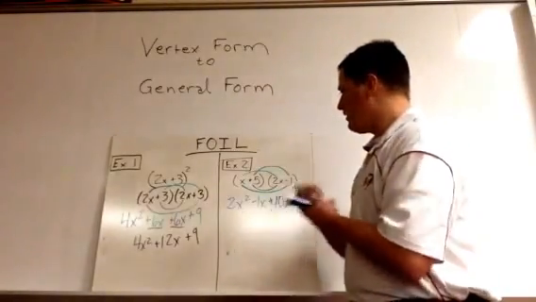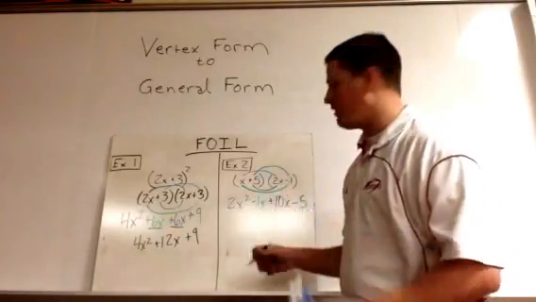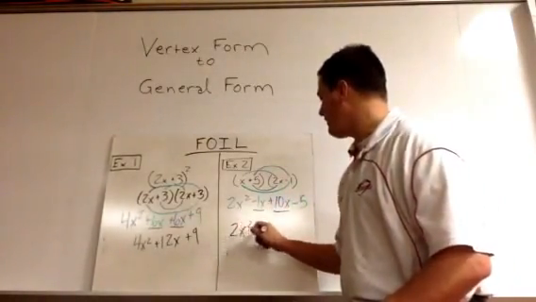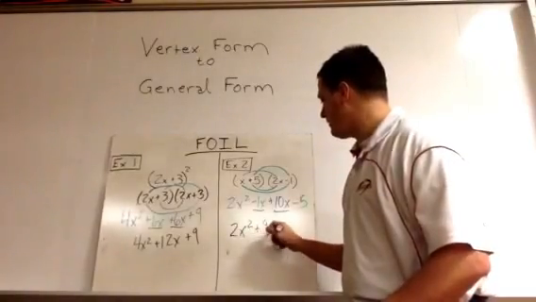Again, rewrite while combining like terms. These two are like. 2x squared plus 9x minus 5.